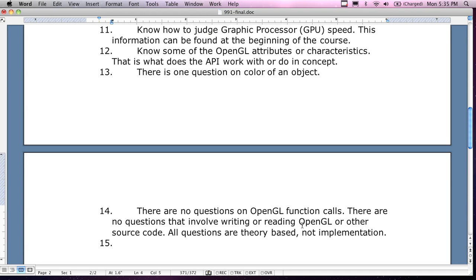Well, what do we have here? So that's the OpenGL. Know the parts of a typical OpenGL program.